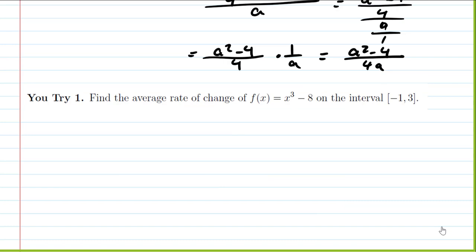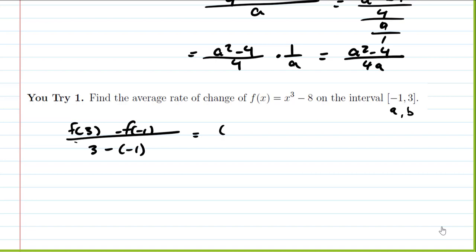All right, so our average rate of change is just the slope of the secant line through the points x equals negative 1 and x equals 3. So it's f of 3 minus f of negative 1 all over 3 minus negative 1.